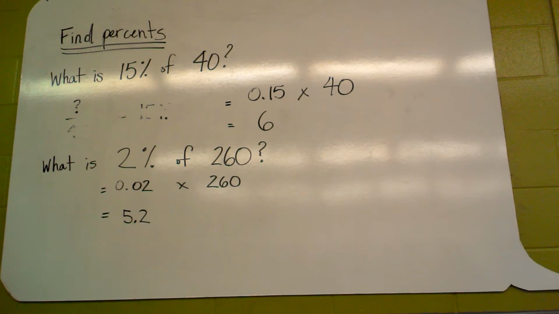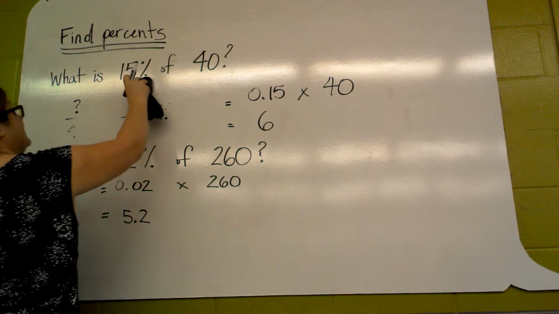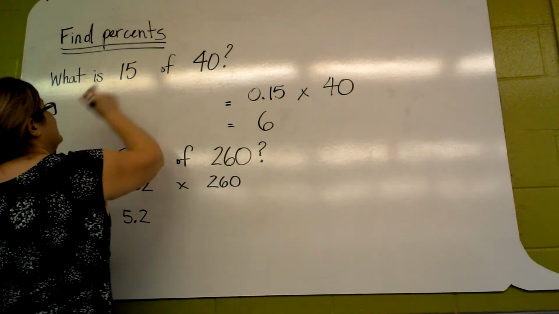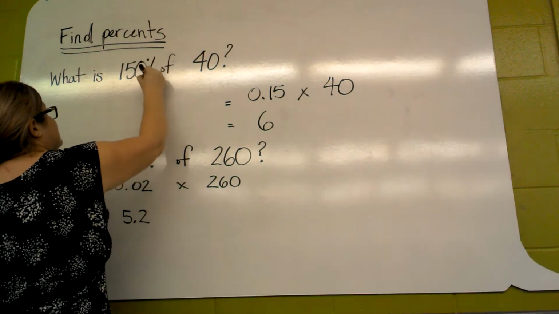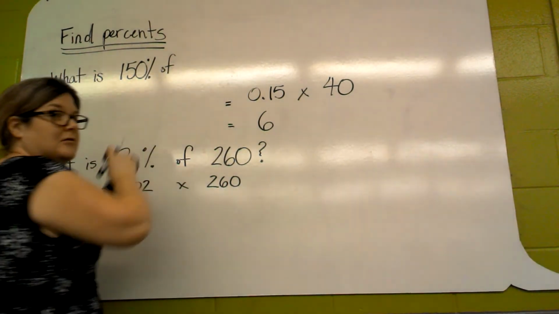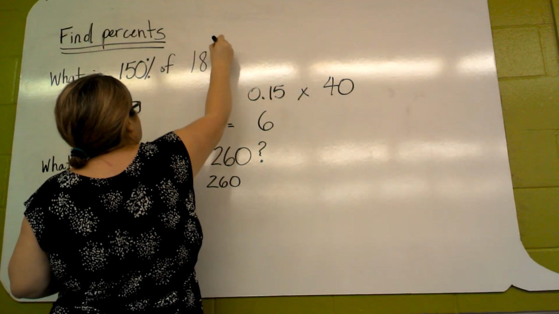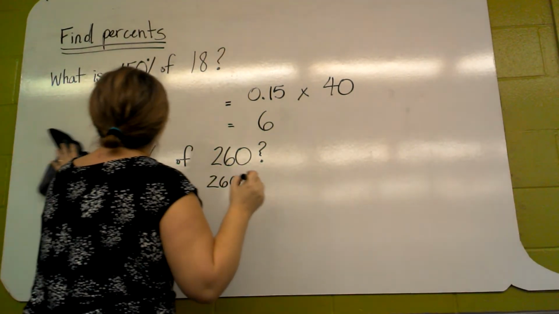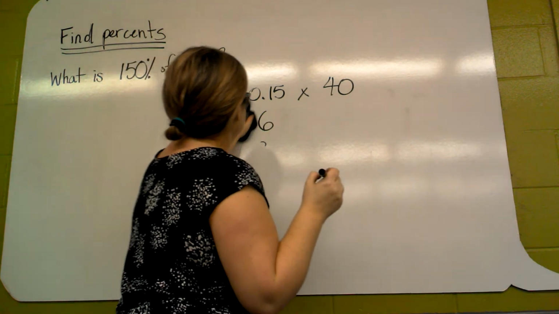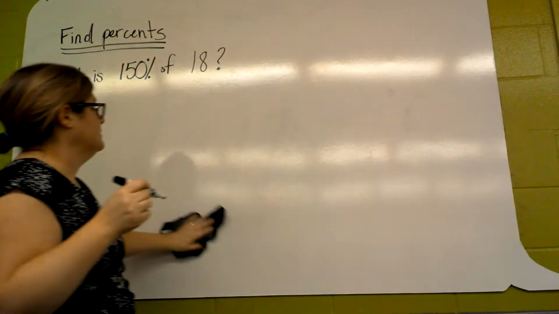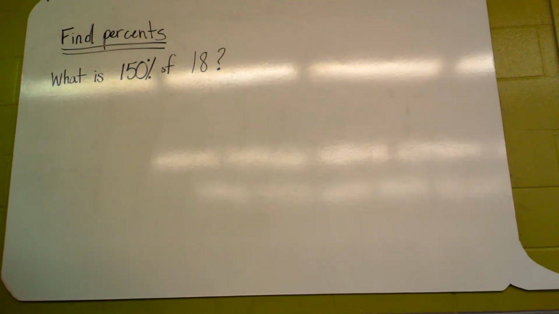One more. Ready? This one's a bigger one. What is 150% of 18? Now I want you to think for a minute. Remember way back in the beginning I said if you got 100% and there were only 24 marks, well of course you got 24 out of 24.